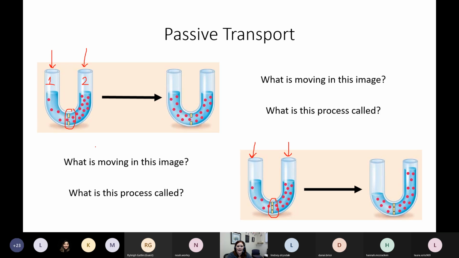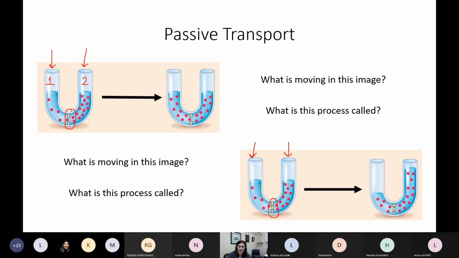Which side looks like it might have more solutes? More dissolved things. Yeah, exactly. Not a trick question. All these little red dots that we see all over the place in this tube are the solutes. So side number 2 has more solutes than side number 1.